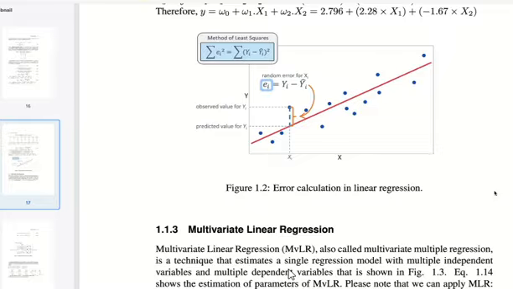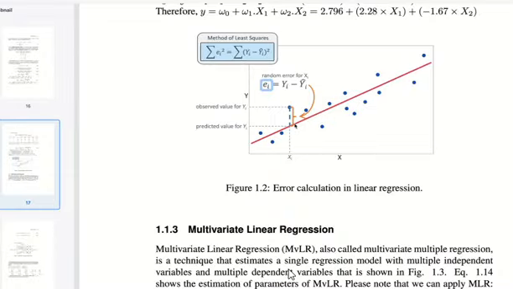Each of the blue dots is a data point, an instance. For a particular example x_i, the regression line tells the predicted value is here, which is y hat i, and the actual value is here, which is the observed value y_i. So the gap, y_i minus y hat i, is basically the error.